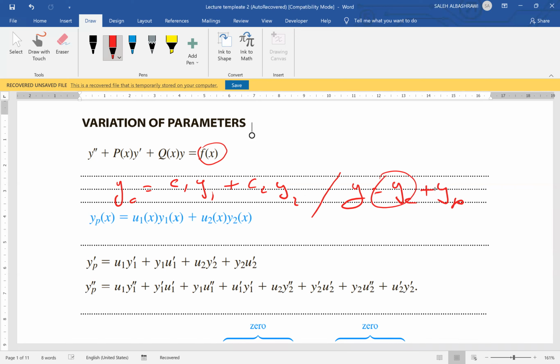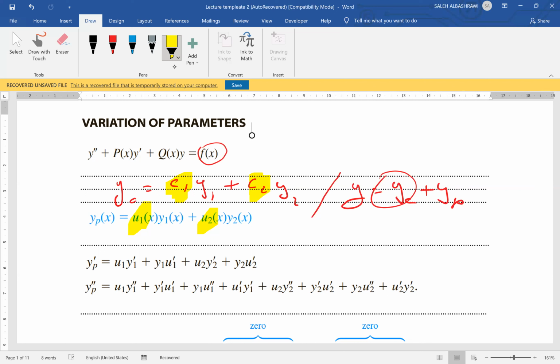The idea for the variation of parameters is to replace these constants c1 and c2 by two functions. We call them u1 of x and u2 of x.